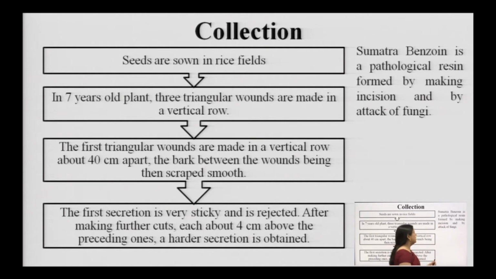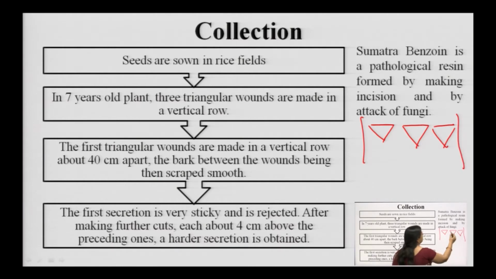So, when the plant is around 7 years of age, on the trunk of the tree, 3 triangular cuts or wounds are made either in a vertical row or in a horizontal row, and these are generally 40 centimeters apart.